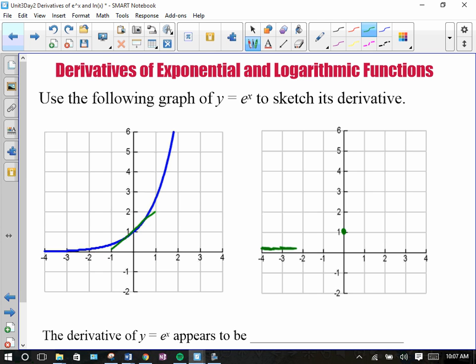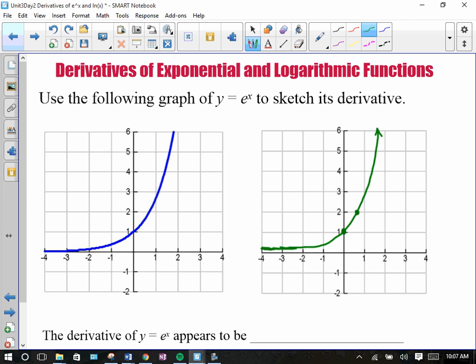Then right about here, it looks like the slope would be 2. So right there, you have a slope of 2. It's just going to keep increasing. Further out we go, the higher it's going to get.